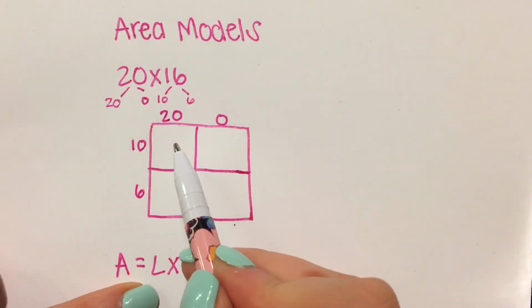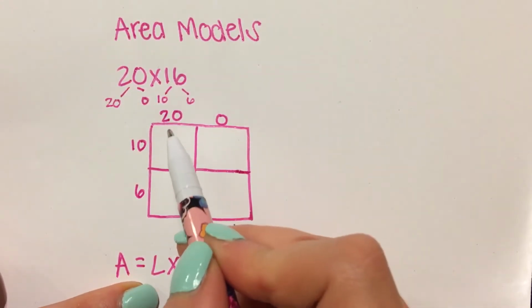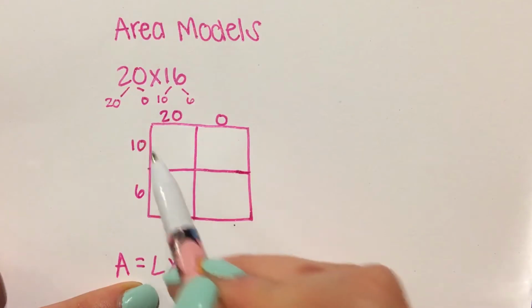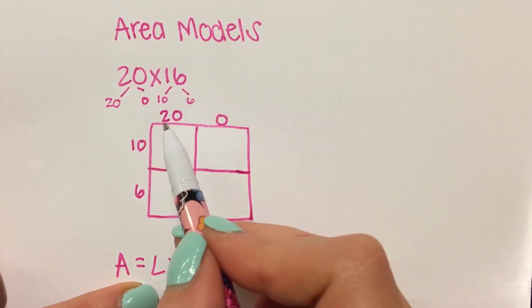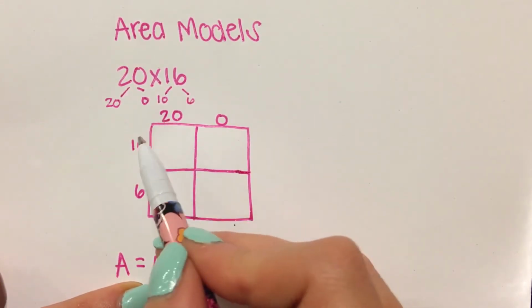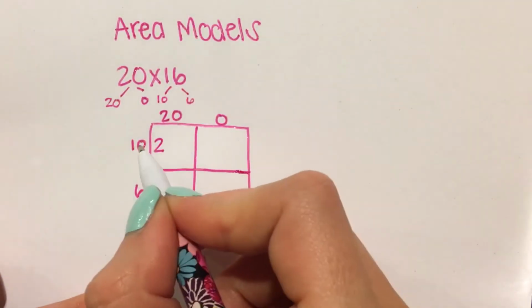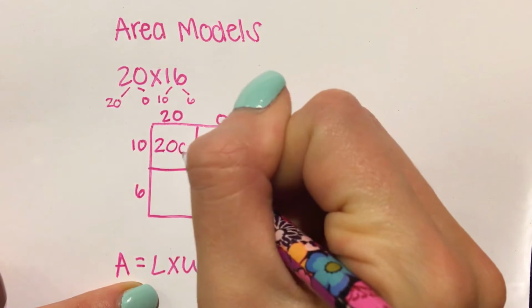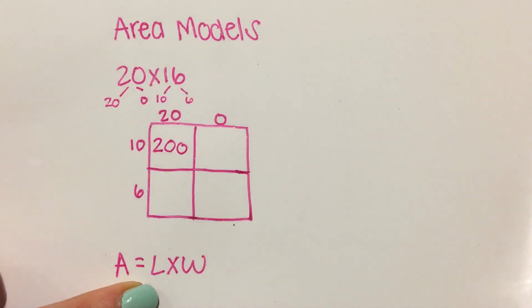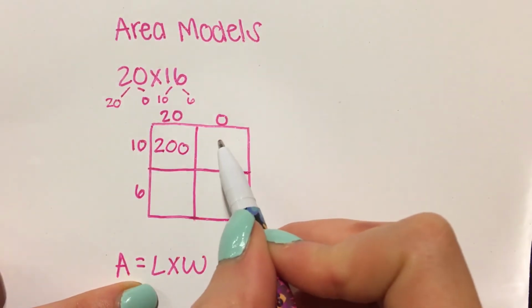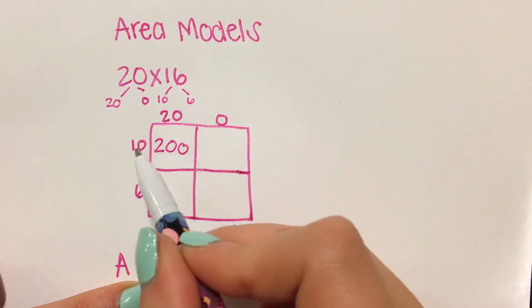So in order to solve for square 1, I have 20 times 10. I might not know what 20 times 10 is, but I do know that 2 times 1 equals 2, and then I have 2 zeros. I don't want to forget about those 2 zeros. Moving on to square number 2, I have 0 times 10.